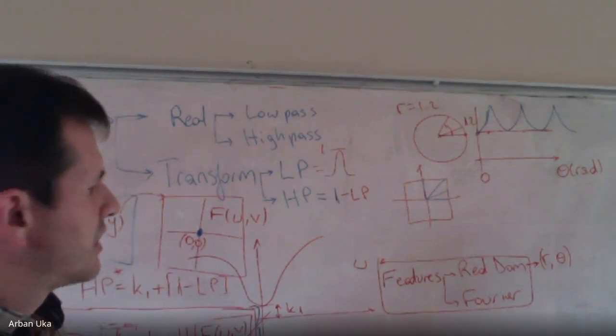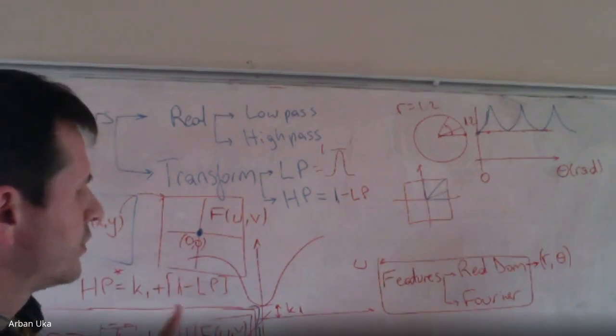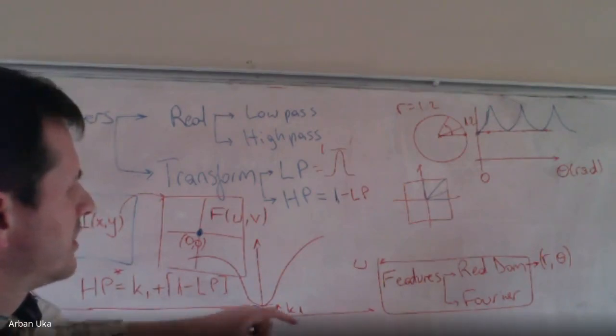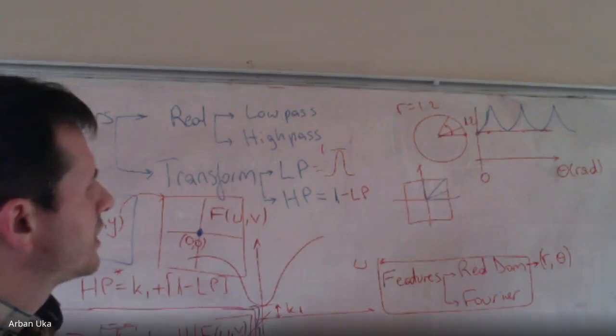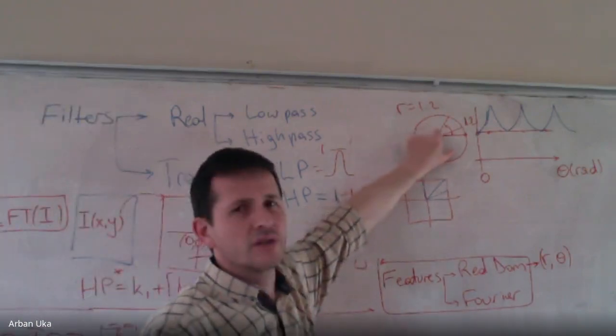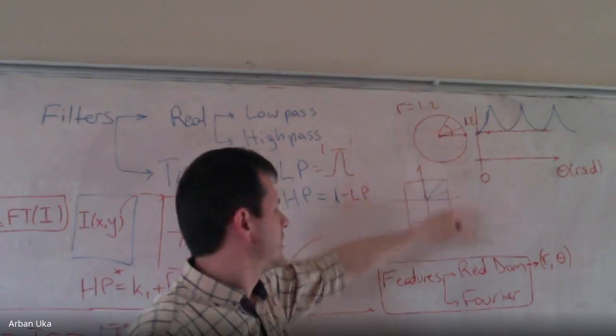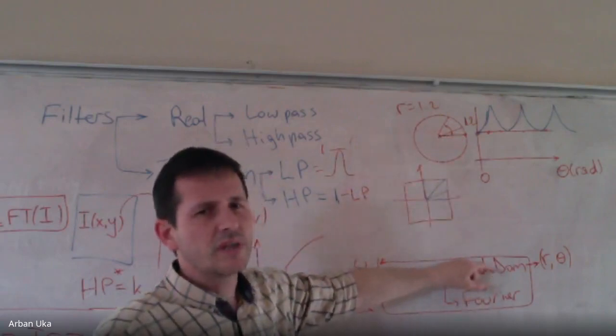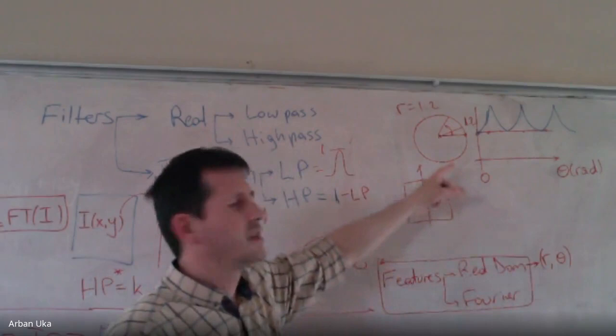Now, this is something important. We talked about the features in the real domain, and we can observe that if we rotate this circle, the features, which can be described as a function of R and theta, will not change.